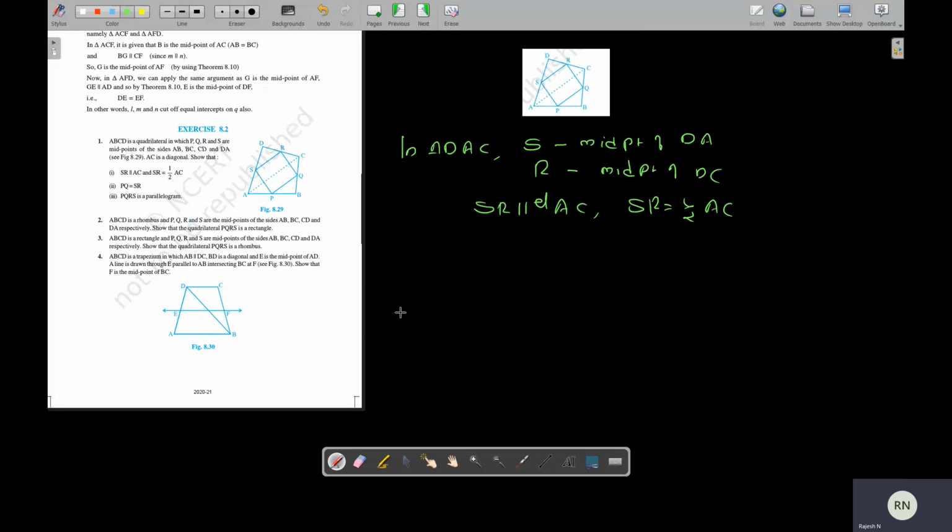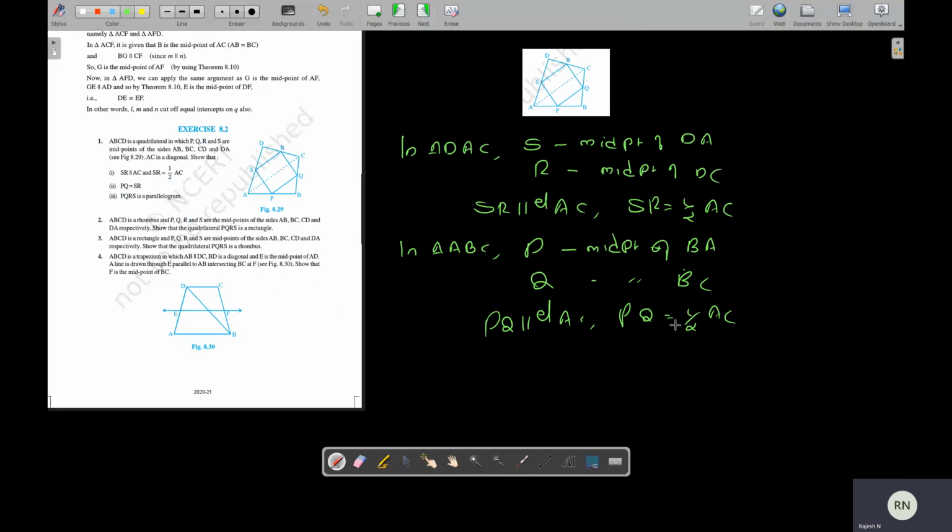Now in triangle ABC, P is the midpoint of BA and Q is the midpoint of BC. Therefore, PQ is parallel to AC and PQ is equal to half AC.